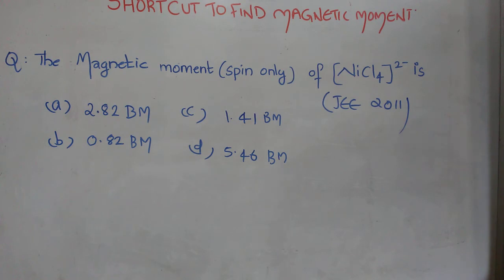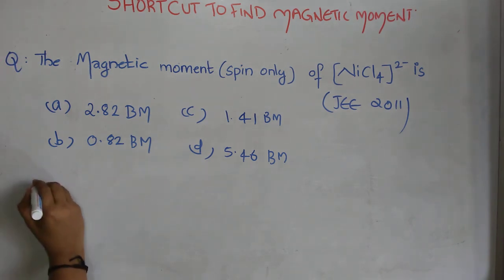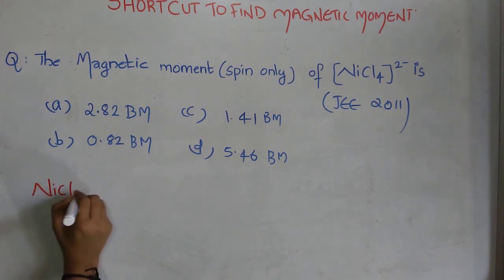Now this is a question asked in the JEE 2011 examination. So the question is to find the spin-only magnetic moment of NiCl4 2 minus. So let us see whether we can do this question by the shortcut that we have studied just now. We are having the species NiCl4 2 minus.